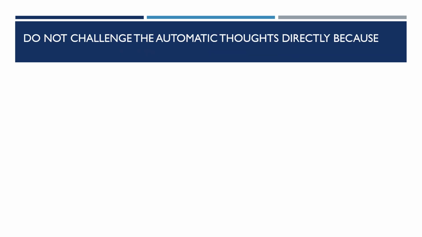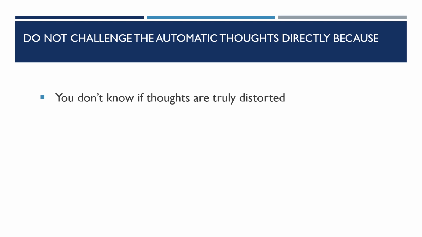One of the important things for you to remember when helping your clients to evaluate their automatic thoughts is not to challenge a client's automatic thoughts directly, because until you get enough context, you don't know for sure if your client's thoughts are truly distorted. There's almost always some truth to what your clients believe, and there is a reason why your clients are thinking that way.